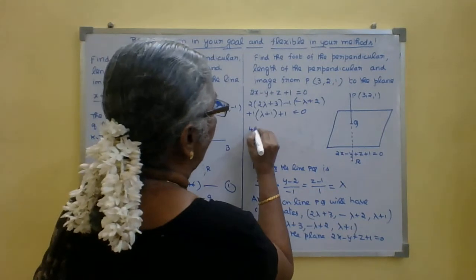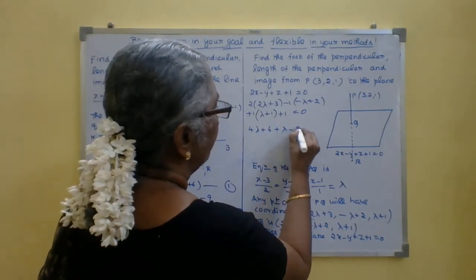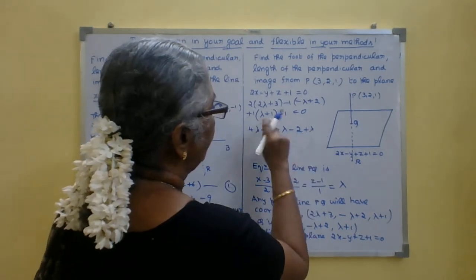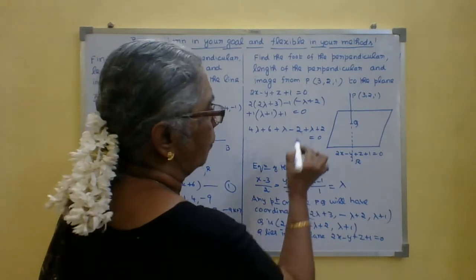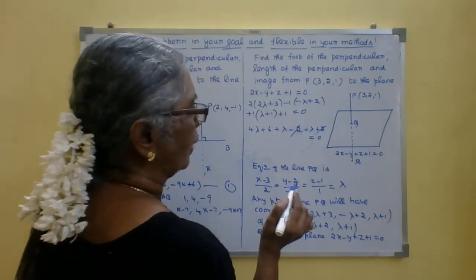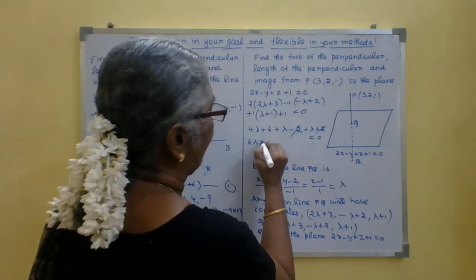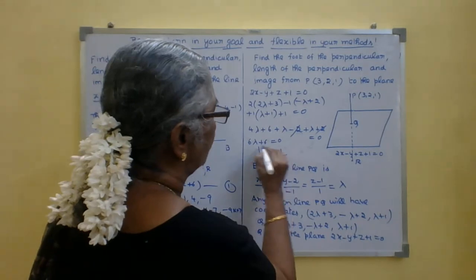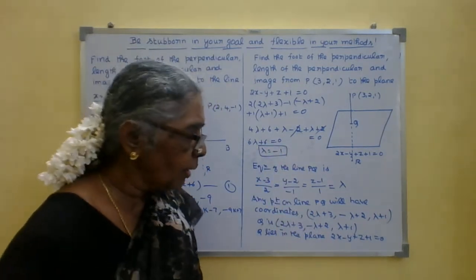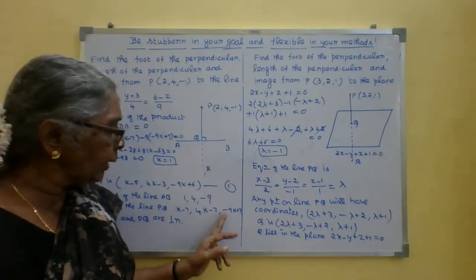So, now I will get 4 lambda plus 6 plus lambda minus 2 plus lambda plus 1, so that is plus 2, that is equal to 0. So, this minus 2 and plus 2 will go. I will get 4 lambda plus lambda, so 6 lambda plus 6 is equal to 0 or lambda is equal to minus 1.